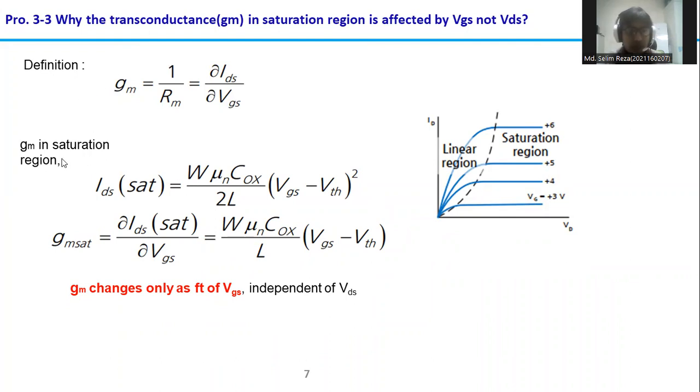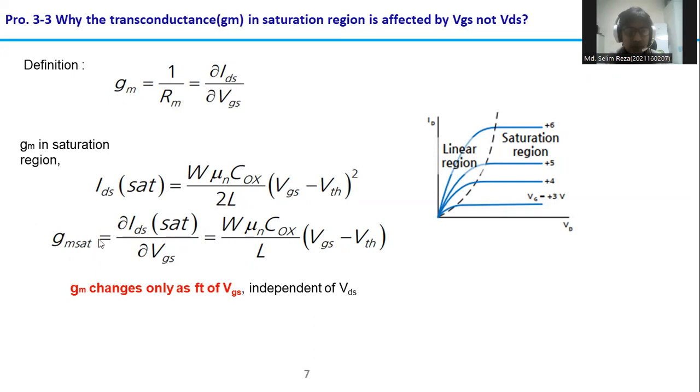And if we go for the saturation region, the current equation is IDS saturation equals W, that means channel width, mobility of carrier, and the oxide thickness, and this one is channel length, and this one is the voltage of gate to source minus threshold voltage, squared.